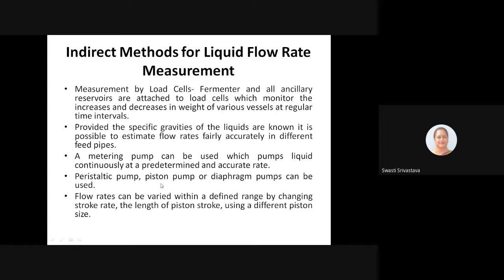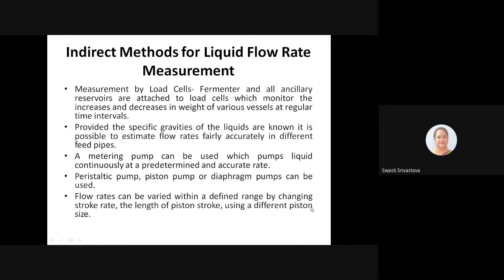Now, if we are using a piston pump, then it has an accurately machined ceramic or stainless steel piston moving in a cylinder normally fitted with double ball inlet and outlet valves. The piston may be driven by a constant speed motor. For the control of the flow rate of the liquids, it can be varied within a defined range by changing the stroke rate or the length of the piston stroke using different piston sizes.